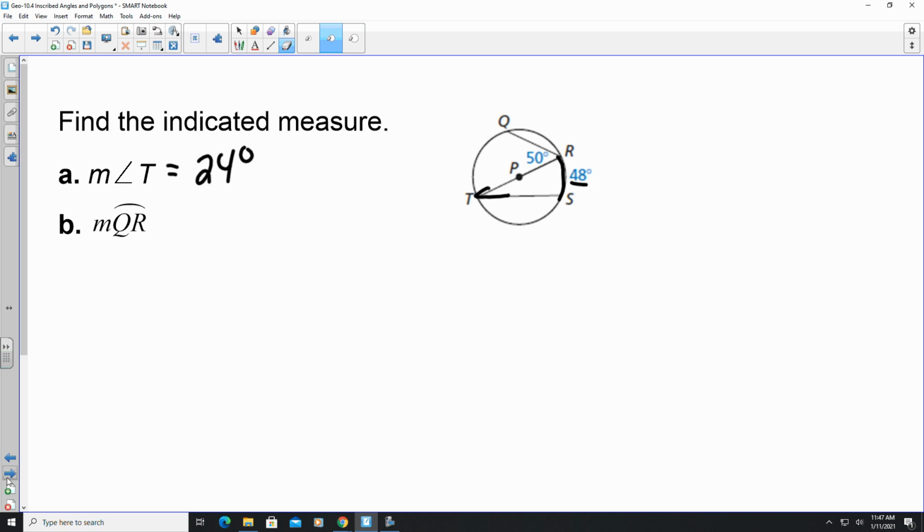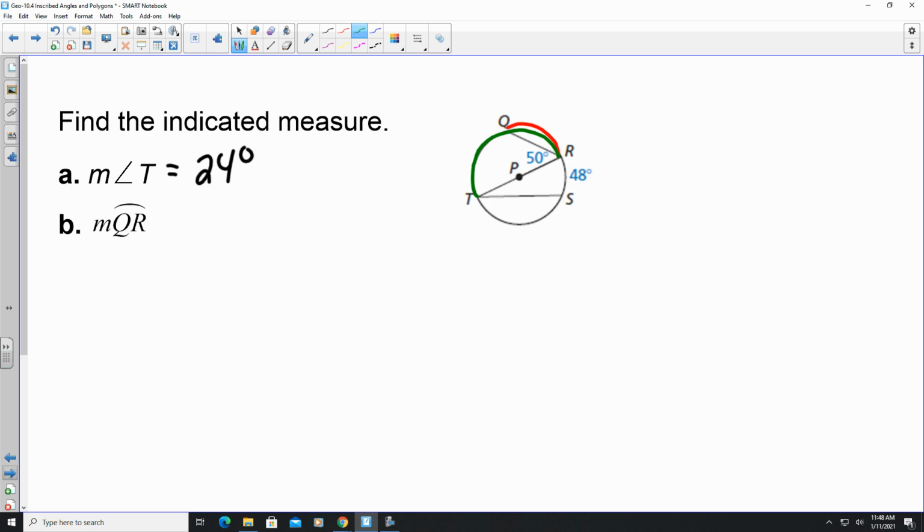The second example, for part B, is they want you to find the arc measure for QR. So QR is right here. Looking at it initially, there's nothing here that tells us anything, because there's no angle measure that says this is exactly what it is. But what I do know is arc TQR is a semicircle.